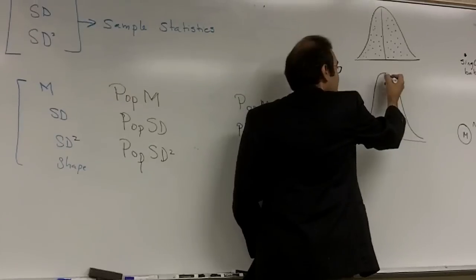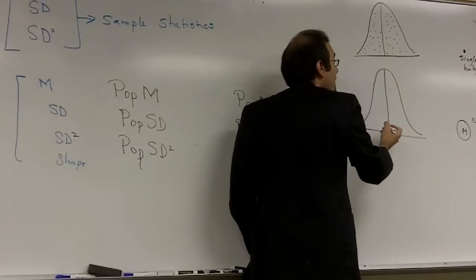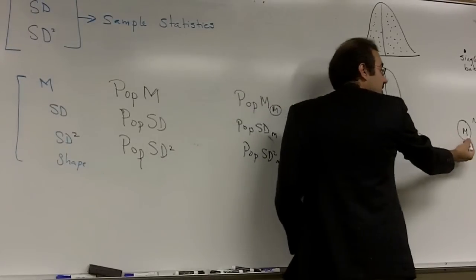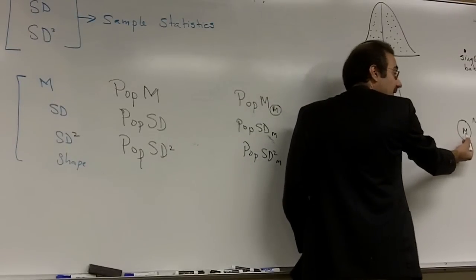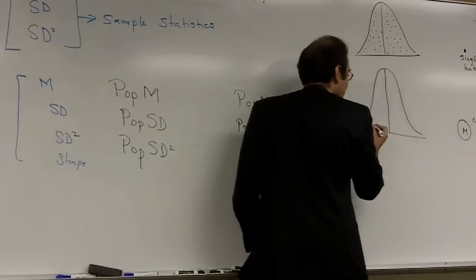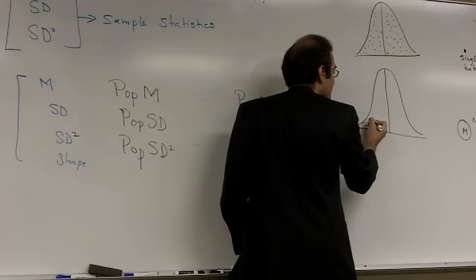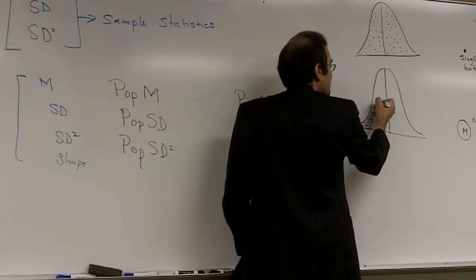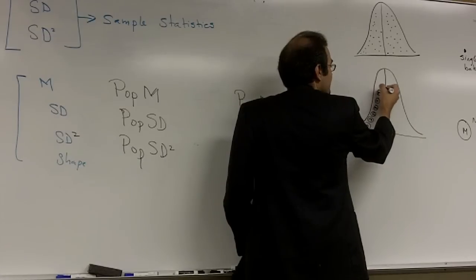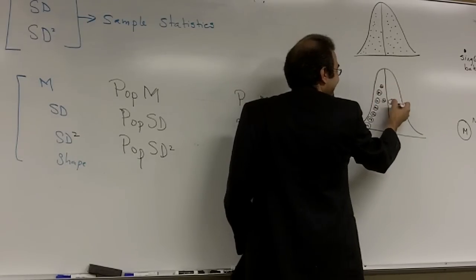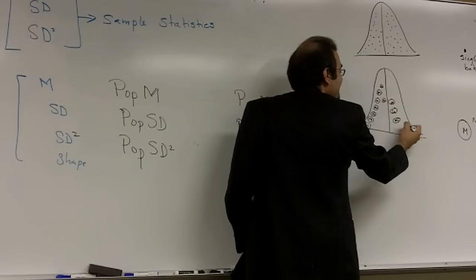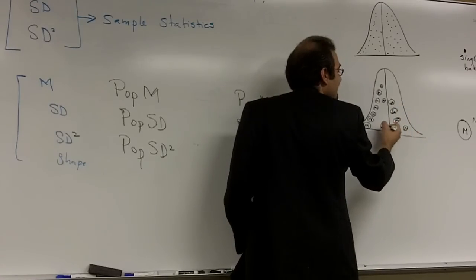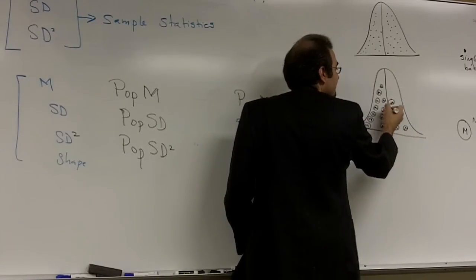So you have to use a distribution made out of samples of 5 babies. So your distribution here will be means, so it's going to be a distribution of means of samples.